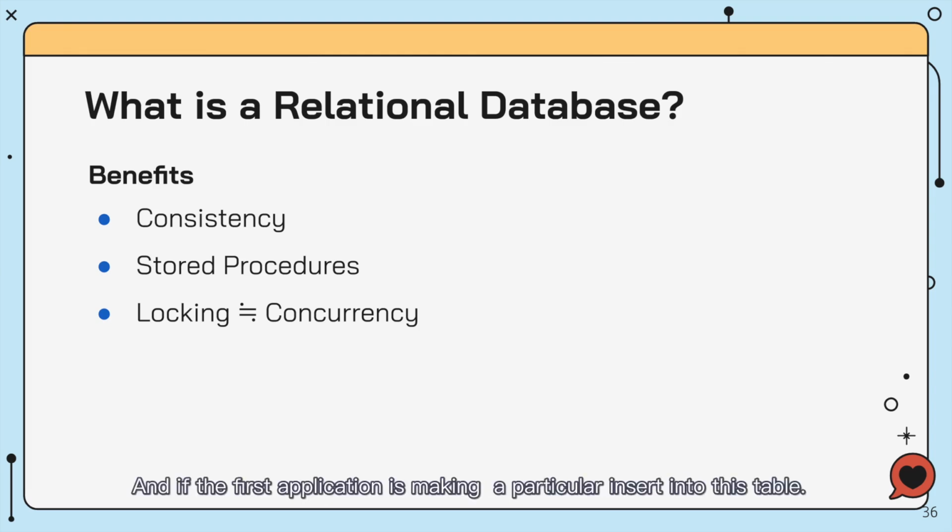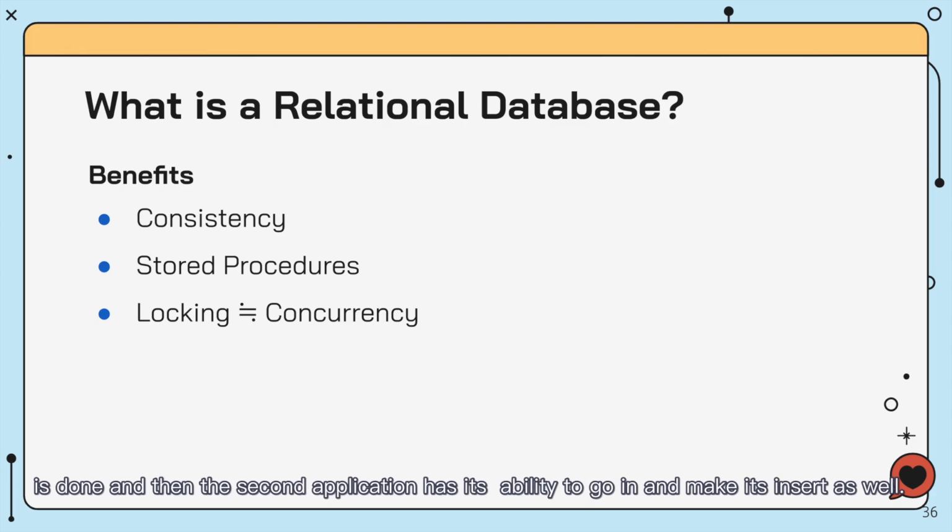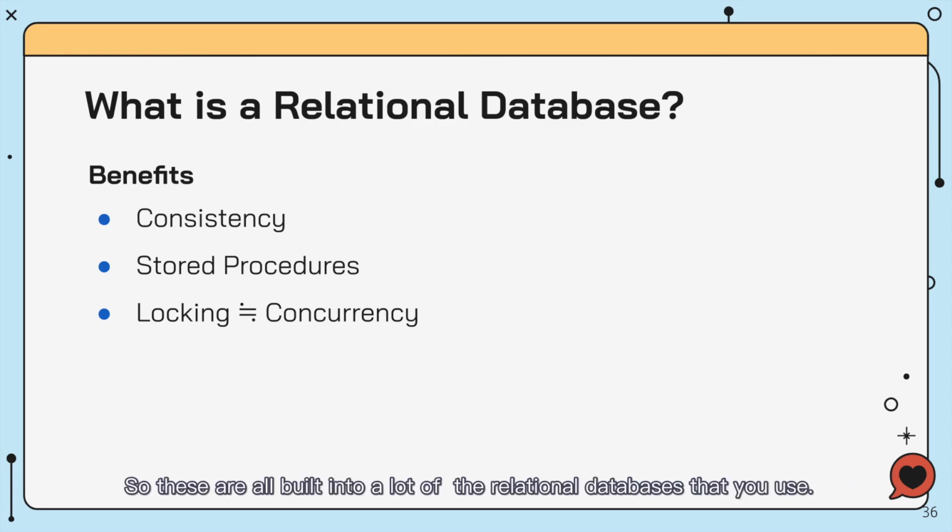If the first application is making a particular insert into this table, you are going to want to make sure that the database is locked until that write is done, and then the second application has its ability to go in and make its insert as well. So these are all built into a lot of the relational databases that you use.